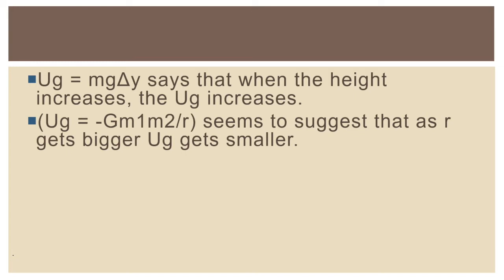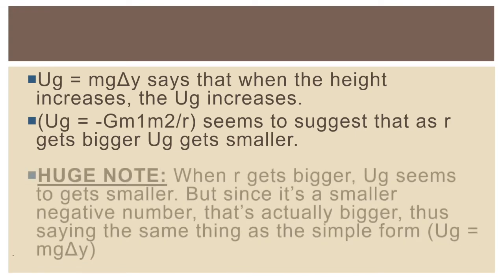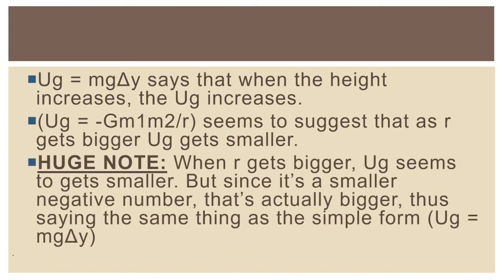Then the obvious question here is, well, how the heck do we explain the differences between these two equations? The key answer to that question is there is no difference between these two equations. When r gets bigger, UG seems to get smaller, according to that second equation.